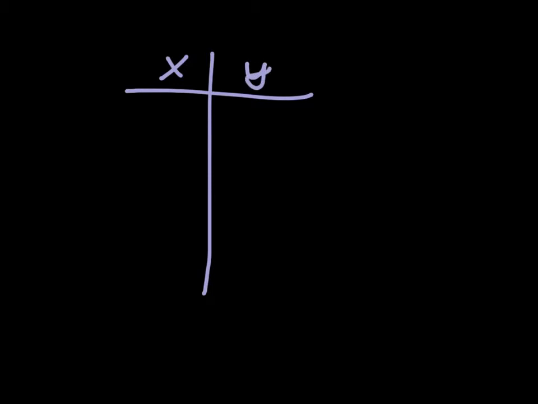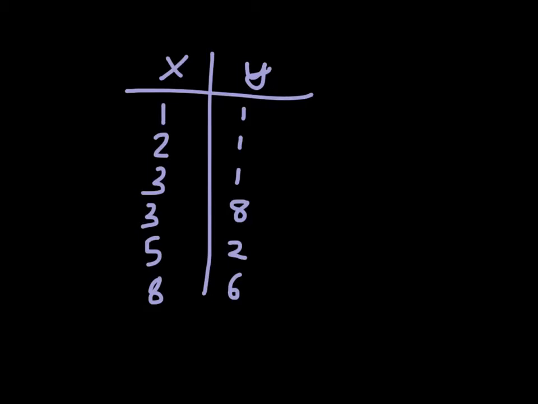So another example would be a tabular method. Let's say you're given a table of x and y values. You're given x values 1, 2, 3, 3, 8 and y values 1, 8, 2, and 6. I just made this up on the spot. So when we look at this, we see that there are 2 inputs for 3 and 2 different outputs for that same value.